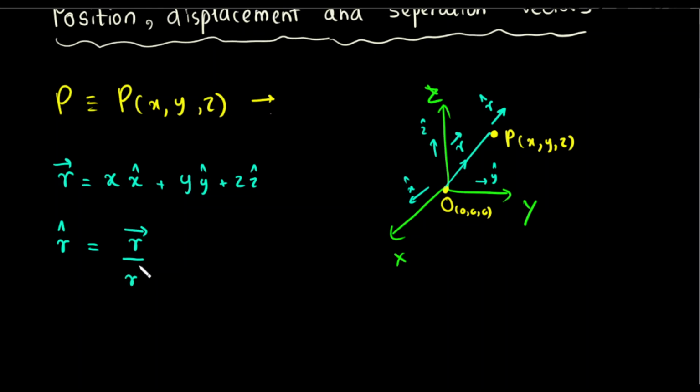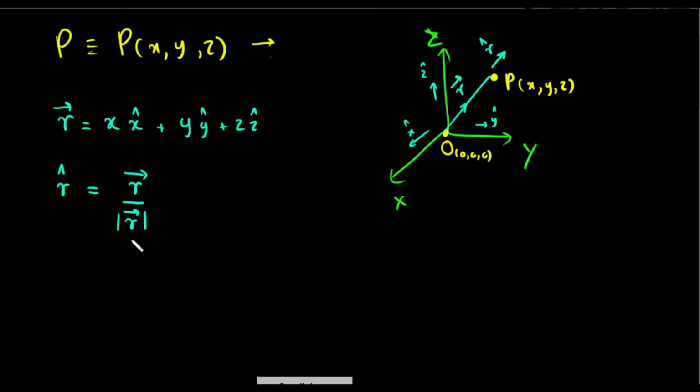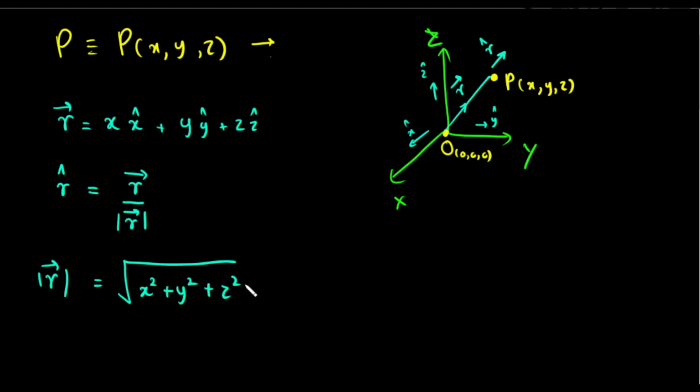So you have to divide the R vector by its magnitude. What is the magnitude of the R vector? That is going to be the square root of x squared plus y squared plus z squared.